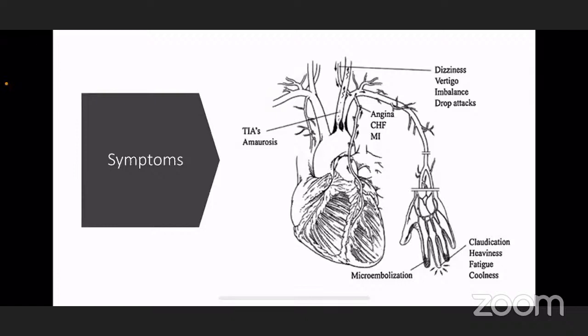And in the upper extremity, because there is decreased blood flow, the patient can have claudication, heaviness in the upper extremity, fatigue, coldness, and exercise-induced symptoms in all of the 3 types of the subclavian steal syndrome.